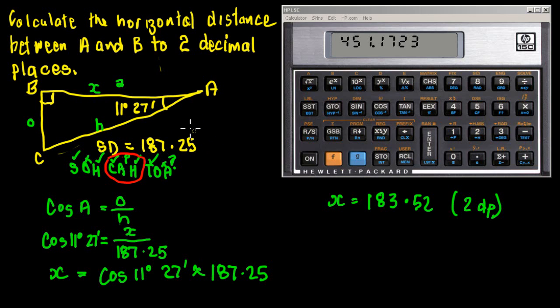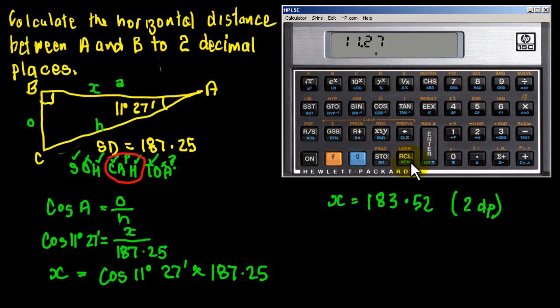So cosine 11 degrees 27 equals x, the adjacent, over the hypotenuse, which was 187.25. So x equals cos 11 degrees 27 minutes times 187.25. Once again, we bust out the 15C, and here we go, 11.27.